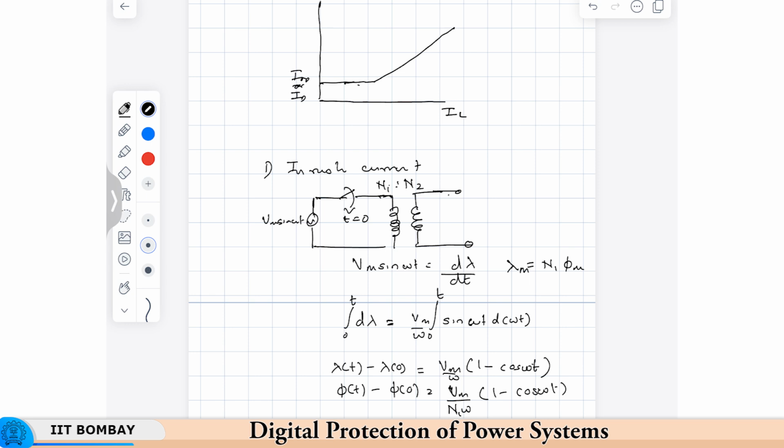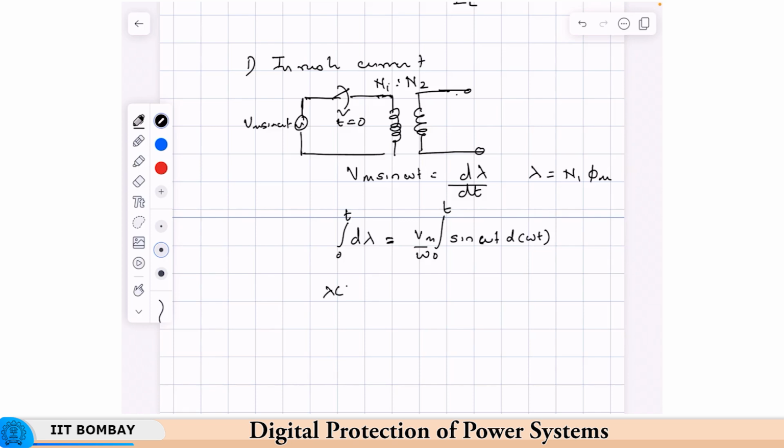Now if we just integrate these two sides, say 0 to t, what happens? d lambda is equal to integral Vm by omega, I am taking, you will soon see why, sin omega t dt from 0 to t. So, you will get lambda of t minus lambda of 0 is equal to Vm by omega times 1 minus cos of omega t.